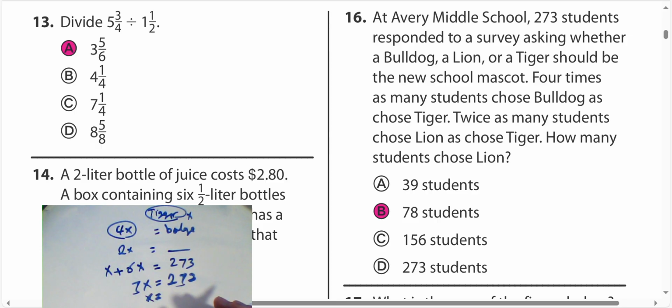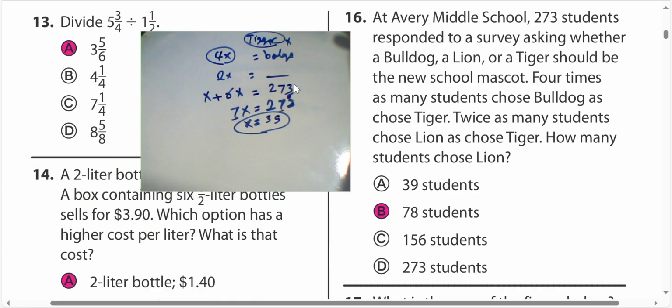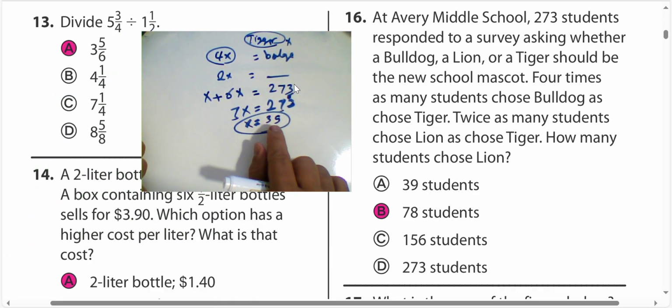We divide 273 by 7. 27 divided by 7 equals 3, 3 times 7 equals 21, remainder 6. Then 63 divided by 7 equals 9. So x, the number of tigers, is 39.